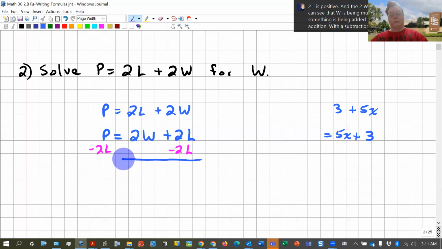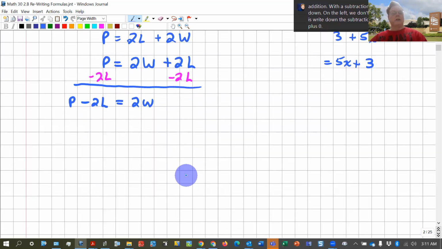Bring the equal sign straight down. On the left, we don't have like terms. All we can do is write down the subtraction. On the right, we've got 2W plus 0. So that's just 2 times W.